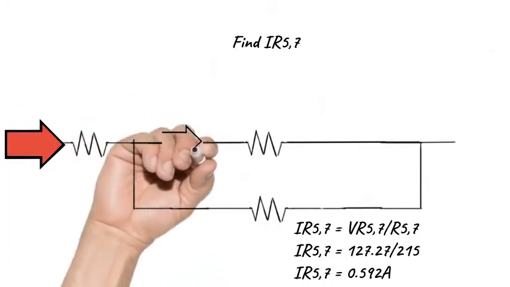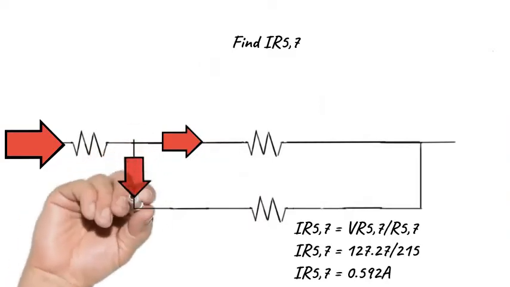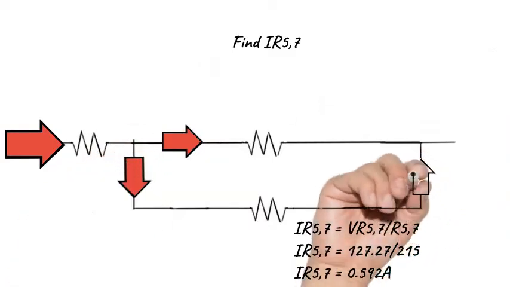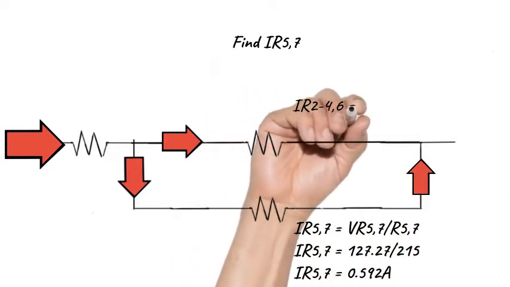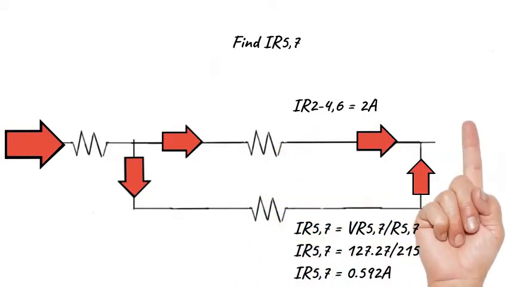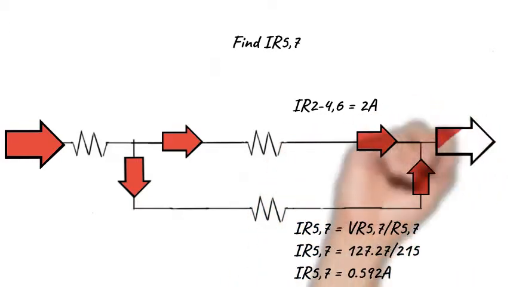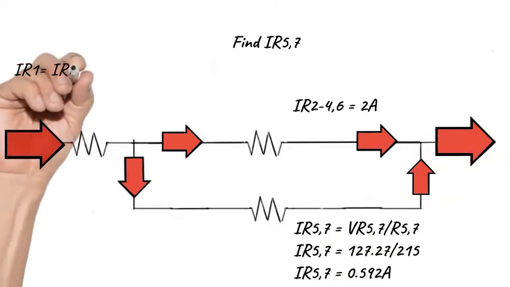And it's important that we review that any current that enters a node is that same current that leaves a node, recognizing that we have a current of 2 amps across R2 through 4 and 6 for a total current of 2.592 amps.